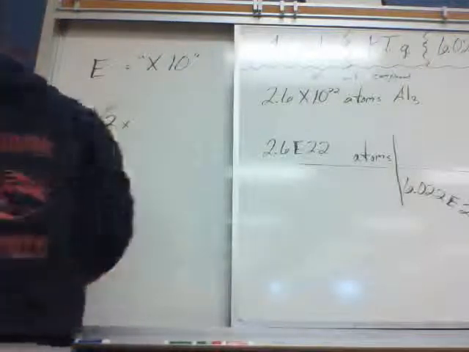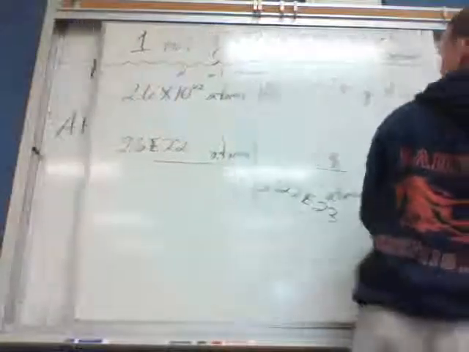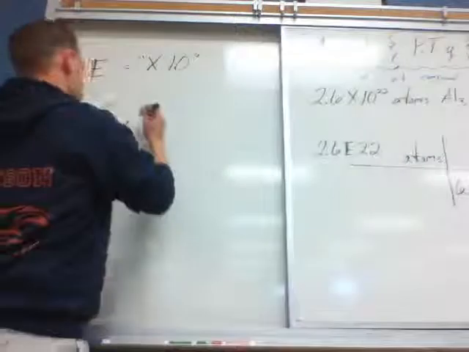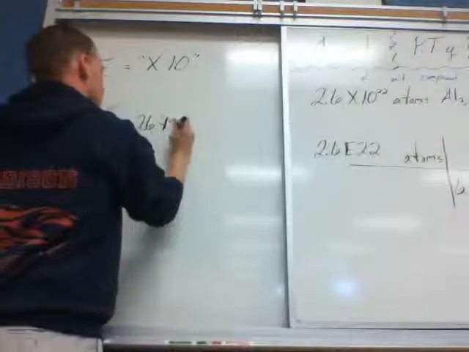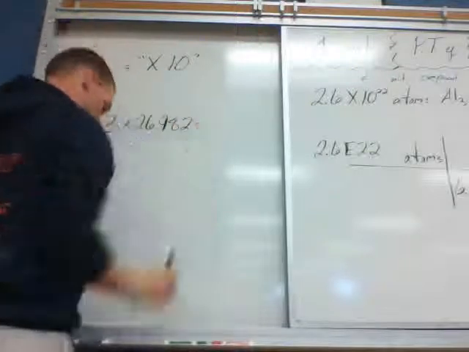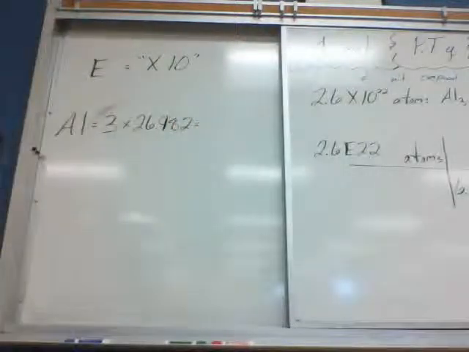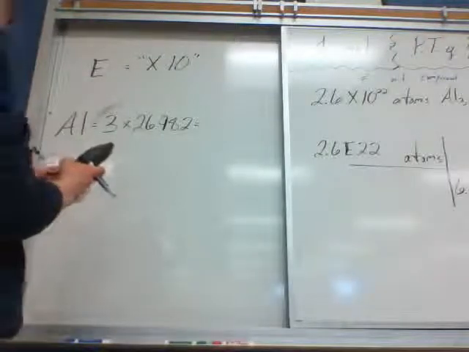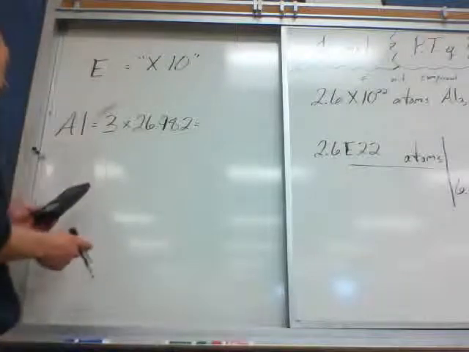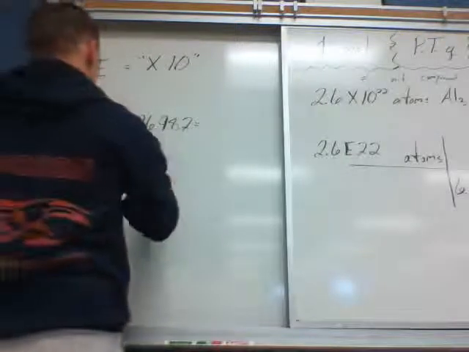So I'll multiply that times aluminum's mass of, I don't know, 26.982. 3 times 26.982, I get a molar mass of 80.95.